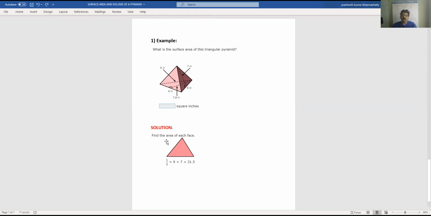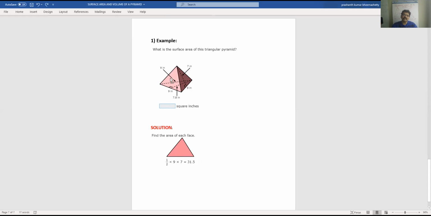So the area of each face is 1/2 times base 9 inches and height 7 inches. 1/2 times 9 times 7 is 31.5 square inches.